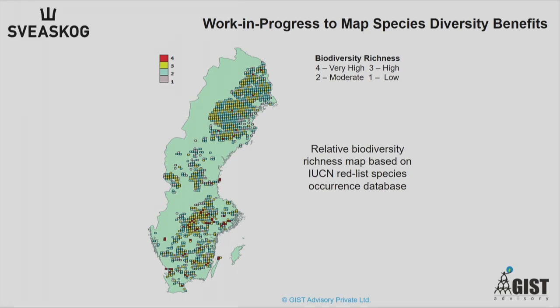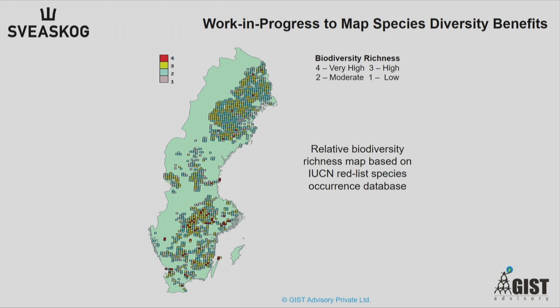We've also looked at the presence of species diversity in the various areas of Sveaskog's forests, and these are based on location measures, but unfortunately they are a little broad. So they don't give us enough depth of information. There are only 4 types of areas, from very high biodiversity richness to high to moderate to low.